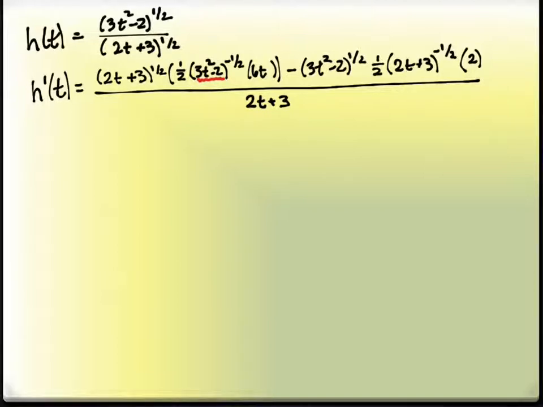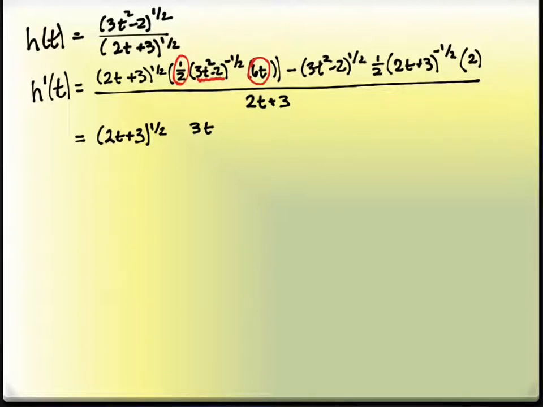Cool. Okay, let's see. We can clean up a little bit of pieces here and there as we go. This 1/2 and this 6t can easily simplify, right? The other thing is that if you want to rewrite things with square roots instead, you could do that. I don't think I did on the other problem, so I'll leave them off for now. The 1/2 and the 6t would become 3t.